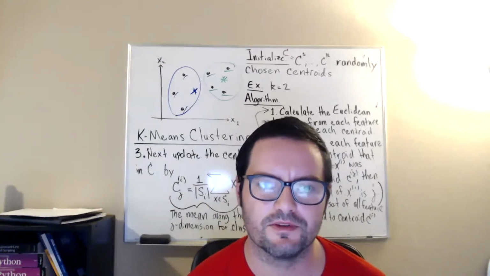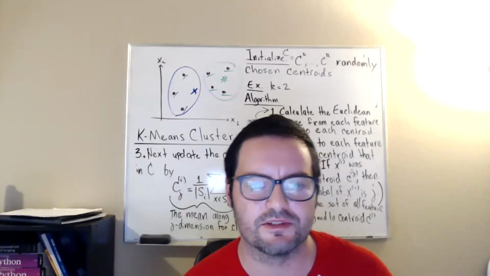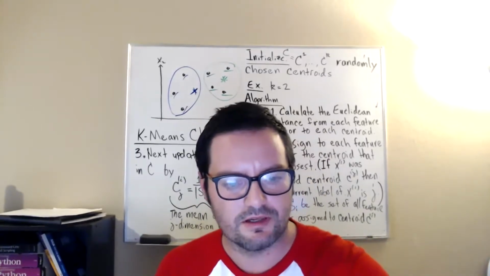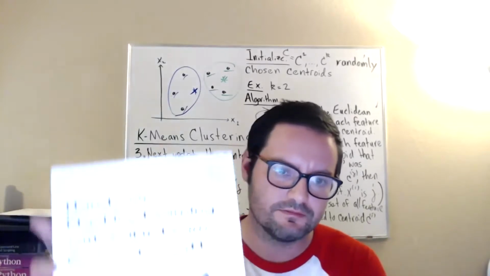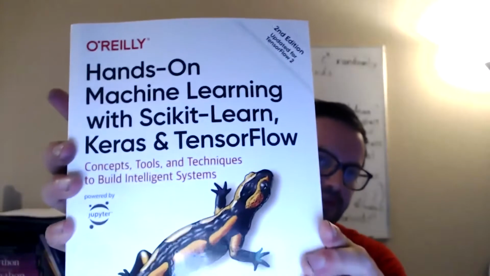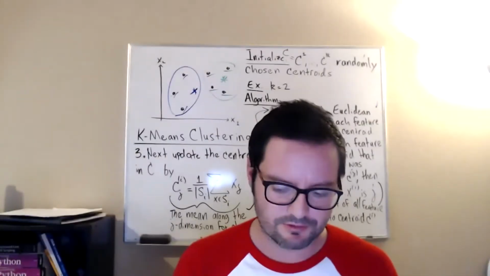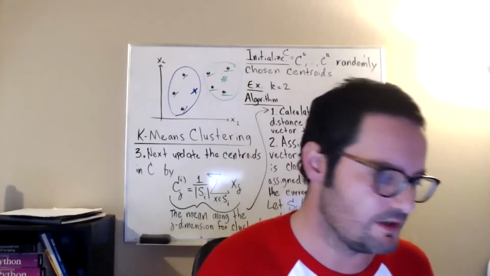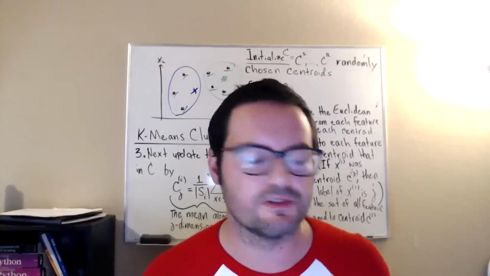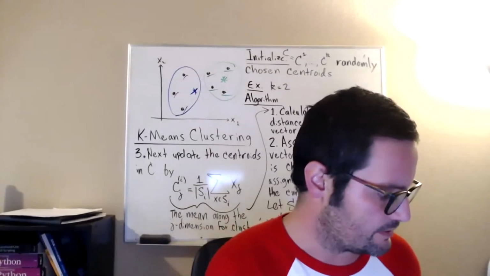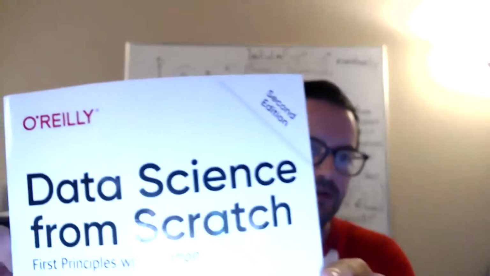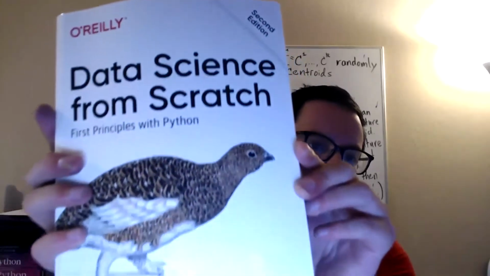We're using the help of these highly optimized libraries that exist. And I will be following this book. It's a really dense book, but it's got everything you would ever need to know about programming Python for machine learning. And then also the second edition here, I'll be using this as well.